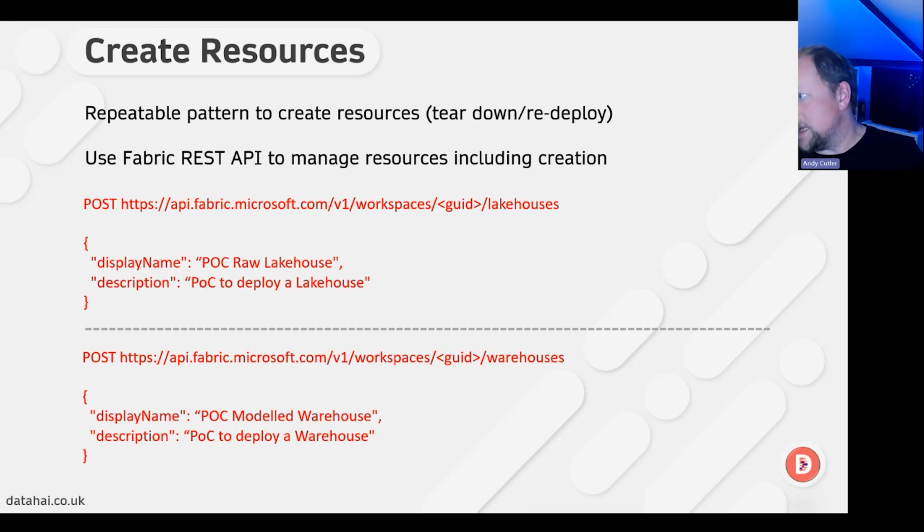The other thing is, it depends: are there features within specific Fabric SKUs that you need in your proof of concepts? Copilot, for example, if you're doing a proof of concept on Copilot, you're not going to be able to do it on anything other than an F64.